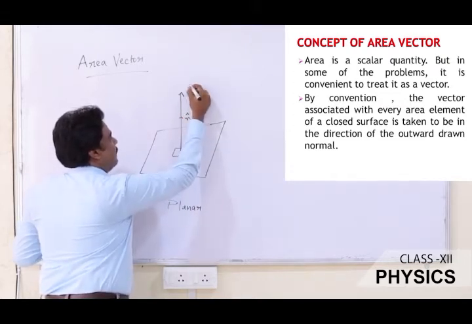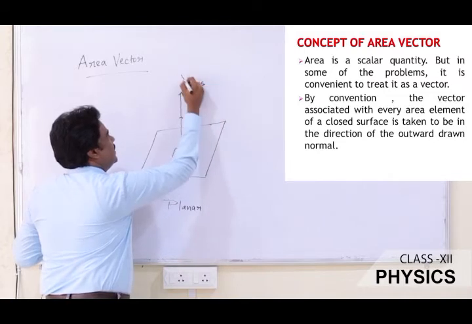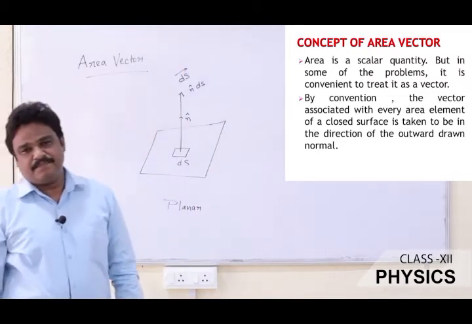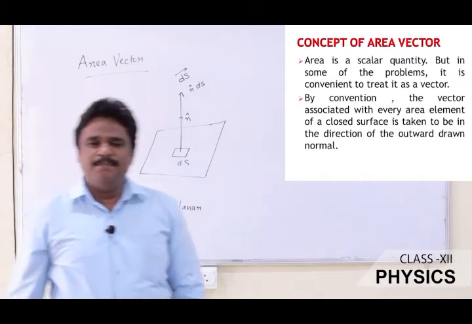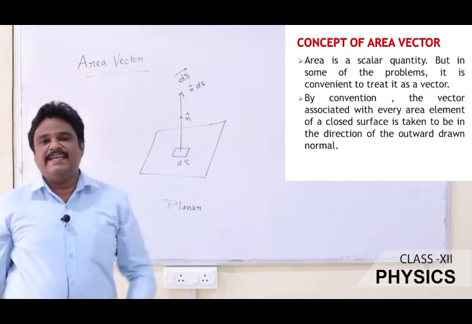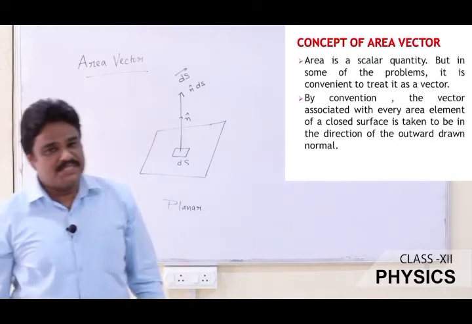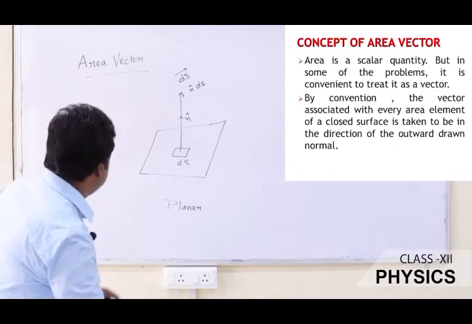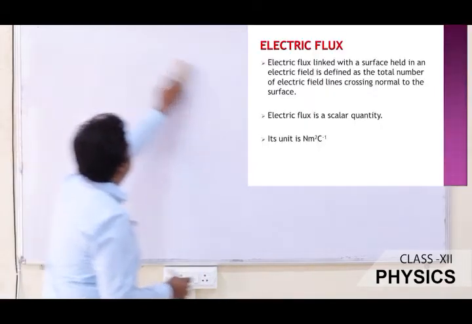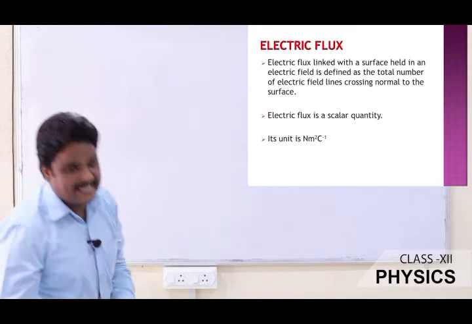So n cap ds represents the area element vector, that is ds vector. Once again, it is the most important concept that will be very useful for studying the next topic, that is Gauss's theorem. Now I am going to get into the next topic, that is electric flux.